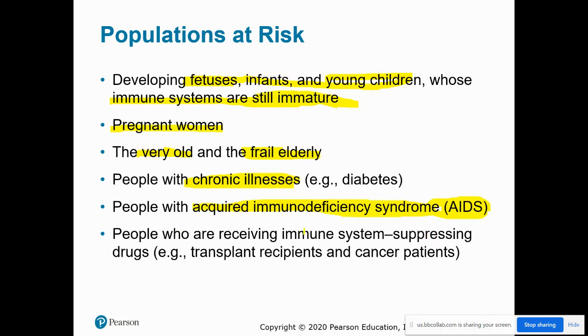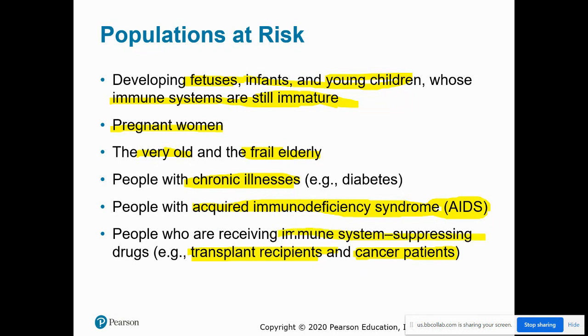And if anybody's receiving immunosuppressant drugs for any reason, a lot of times that's part of the cancer treatment, a temporary suppression of the immune system. So if a person is receiving cancer therapies, or even somebody who is getting an organ transplant or has recently had an organ transplant, they would be on immunosuppressive drugs.